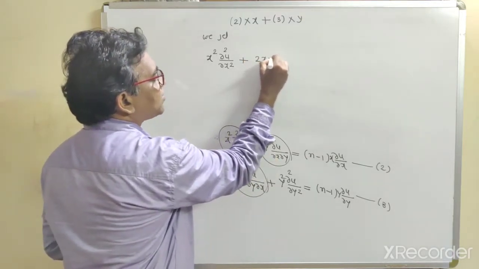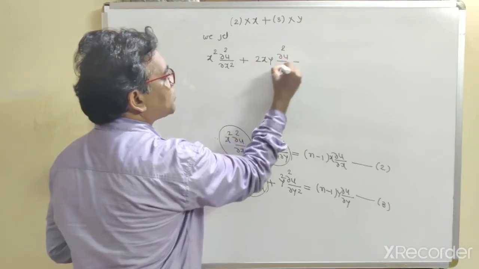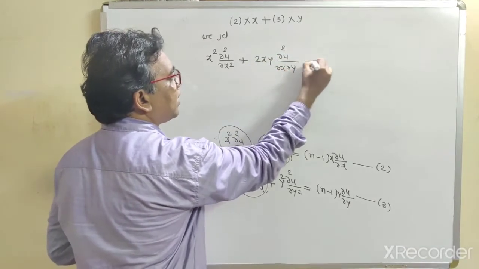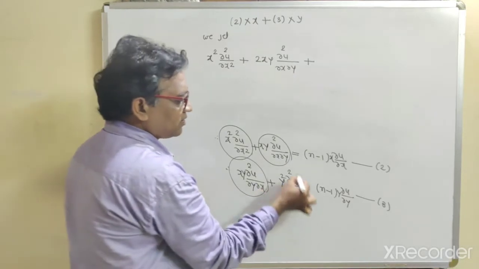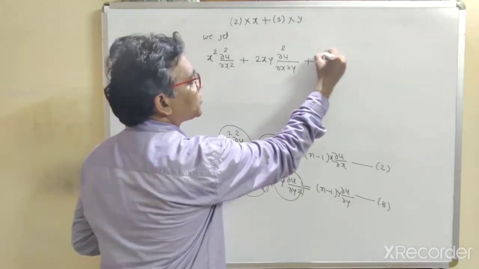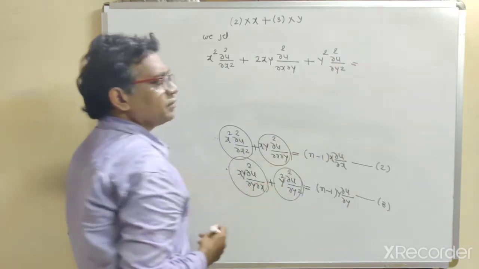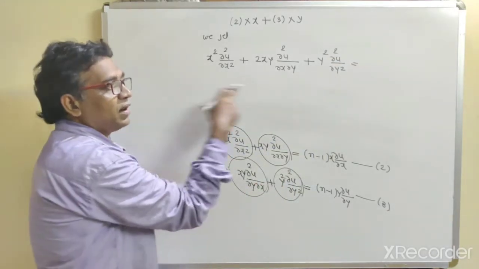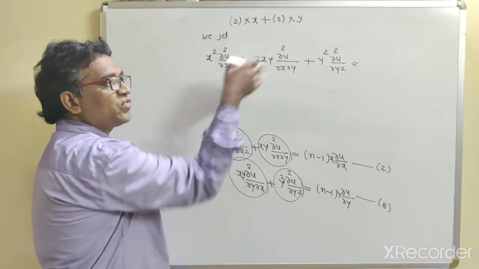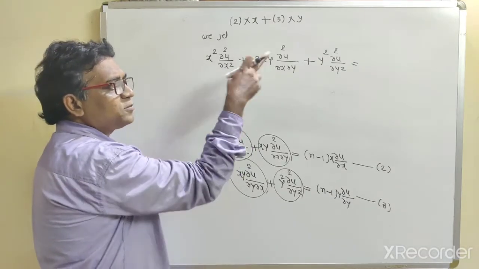So this is 2xy del square u by del x del y plus, now this is the next term, y square del square u by del y square. So see, this is our required left hand side. It is just a bracket square type term. So how to get this bracket square type term?